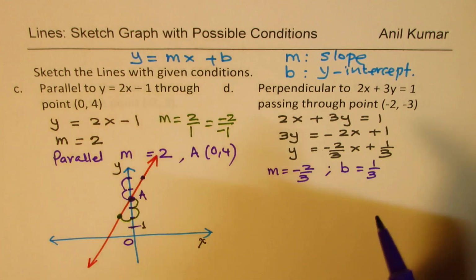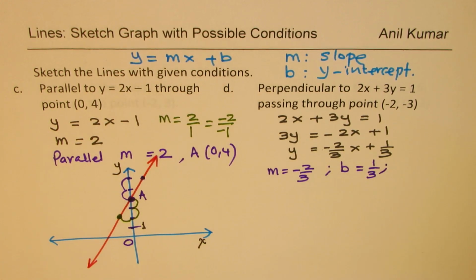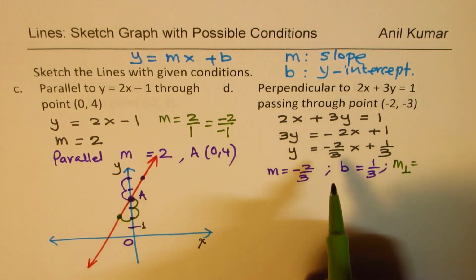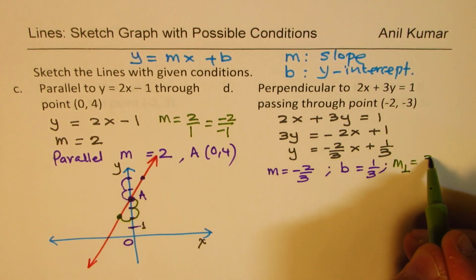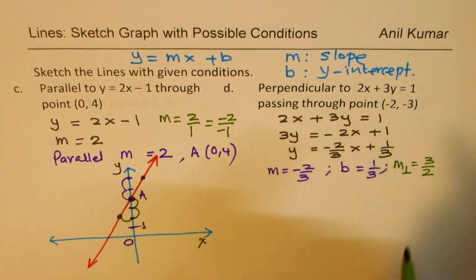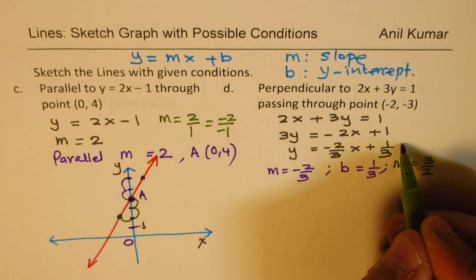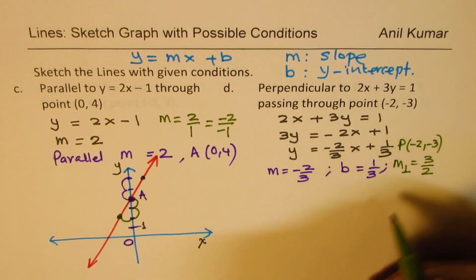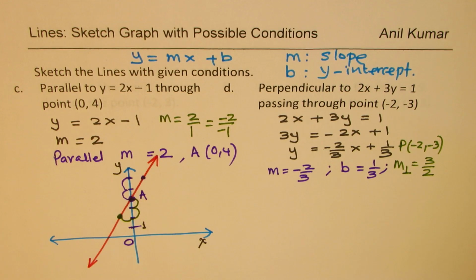Now the perpendicular line will have what slope? So the slope of the perpendicular line will be the negative reciprocal. That means 3 over 2. Is that okay? So that is the line which we are interested in, and it's passing through the point. Let's call this point P, which is minus 2, minus 3. Correct? I want to use this space to sketch the graph.